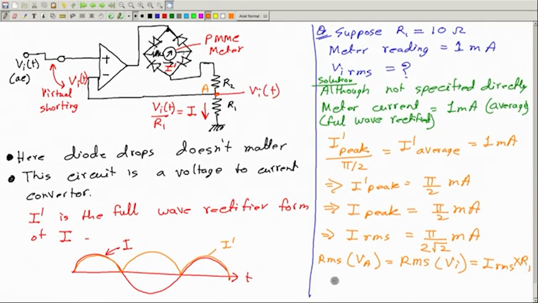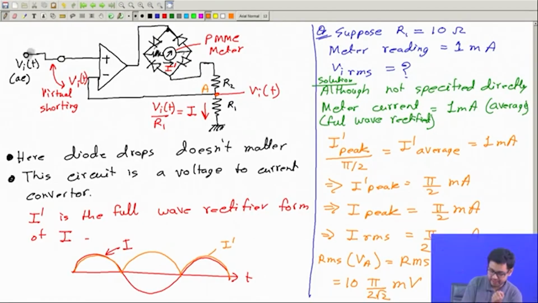R1 is 10, so 10 multiplied by pi by 2 root 2 millivolt, and you can compute how much this is. So this is a full wave rectified voltage to current converter, and this way we can measure the unknown voltage by observing the reading of this meter.